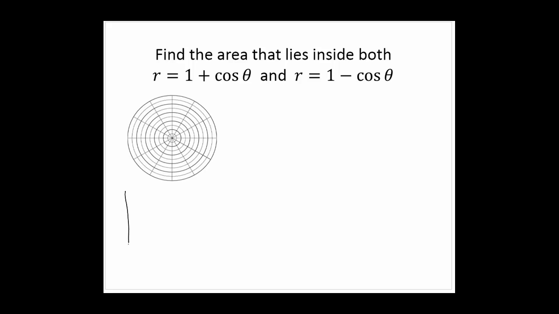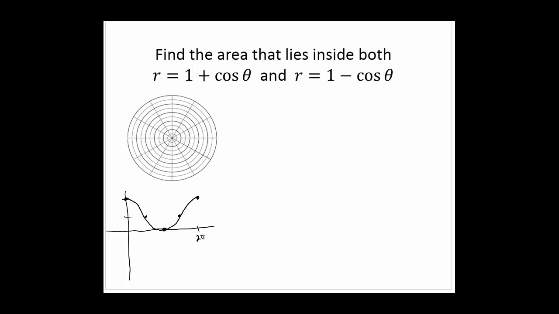Alright, so let me again start by sketching these. 1 plus cosine theta has a period of 2 pi, and since it's a plus cosine, it would start at the maximum and end at the maximum, and halfway between would be at the minimum, and then at the other halfway points it would be at the center line. So we would get a curve like that. That's r equals 1 plus cosine theta.